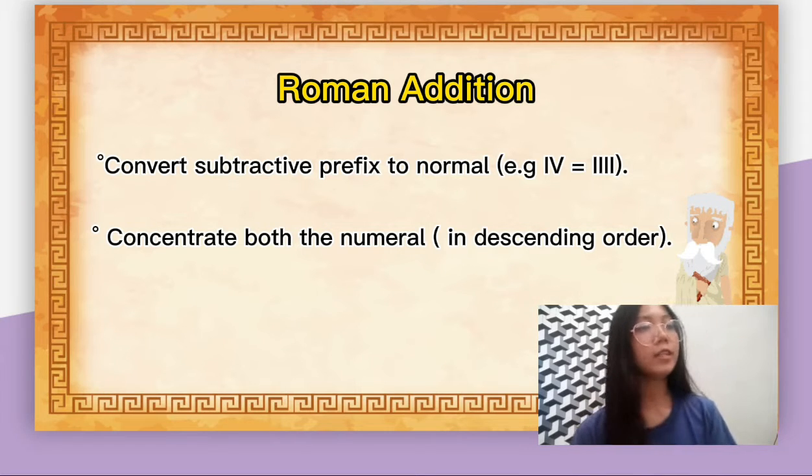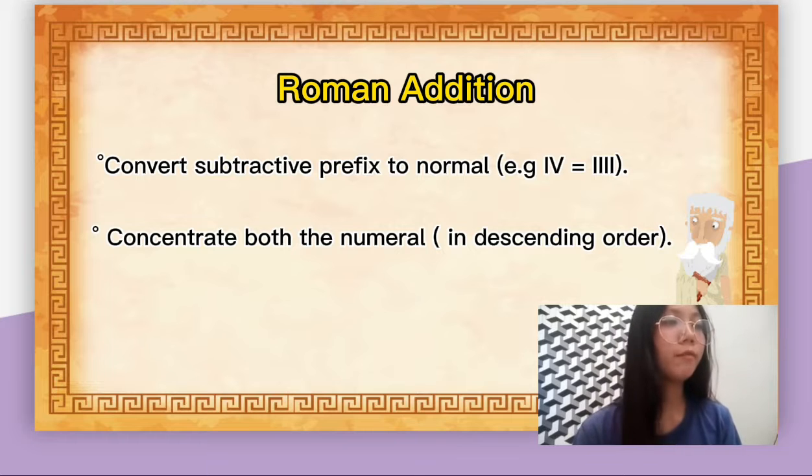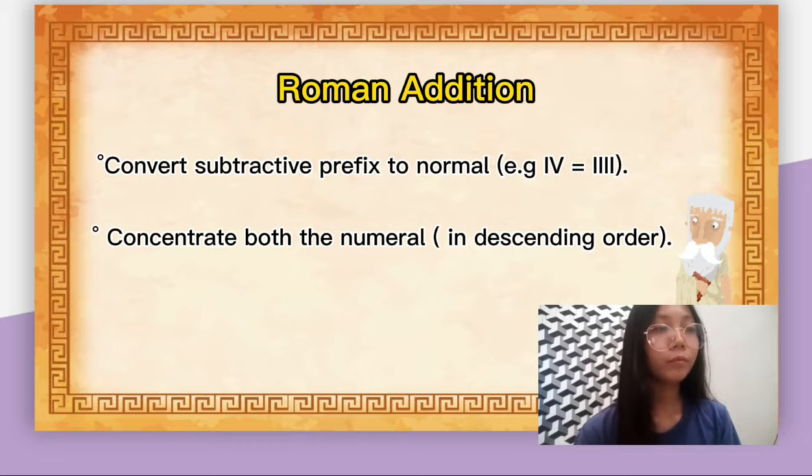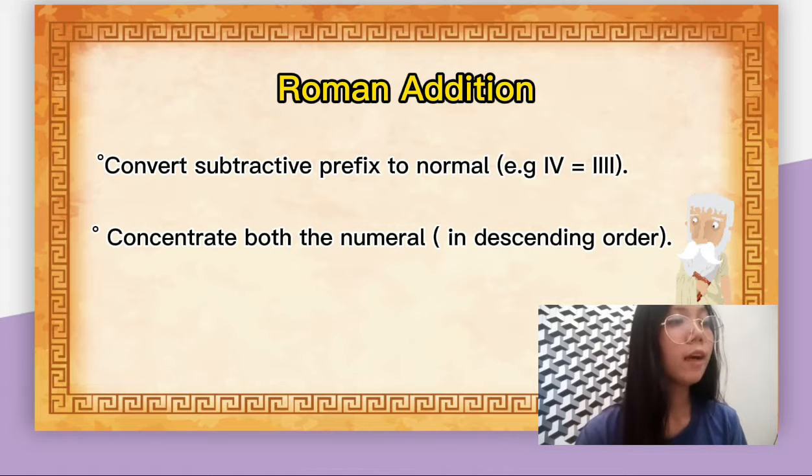For example, we have 36 plus 74. 36 in Roman numerals is XXXVI. Then 74 you are going to expand by writing 7X and then 4I.